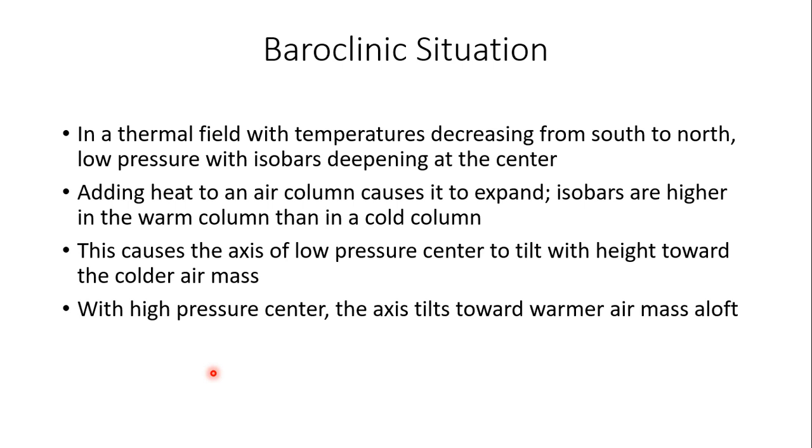With high pressure centers at the surface, the overall vertical axis is going to tilt towards the warmer air mass aloft. So when we have baroclinic systems, whether they be low pressure systems or high pressure systems at the surface, we tend to get a tilting with height from these surface pressure features.